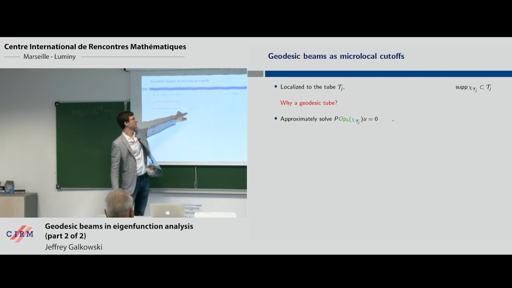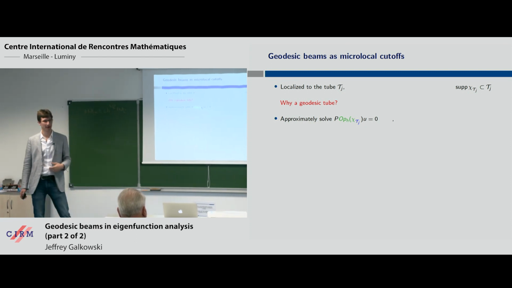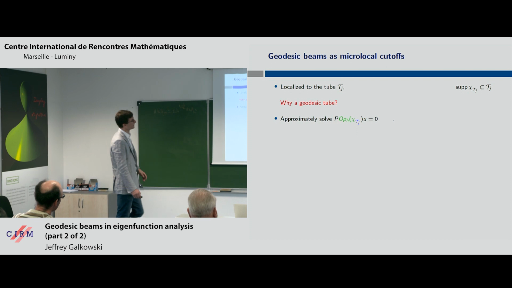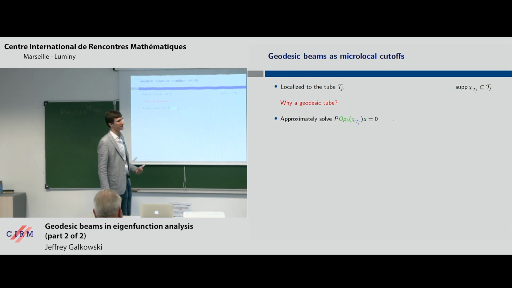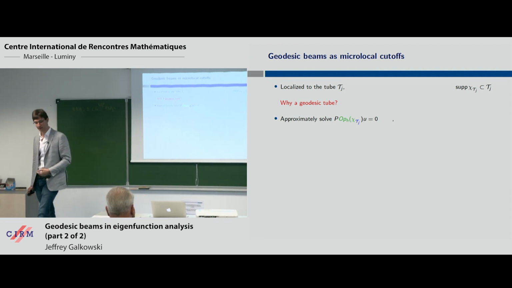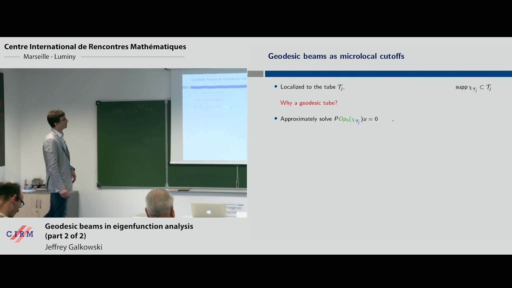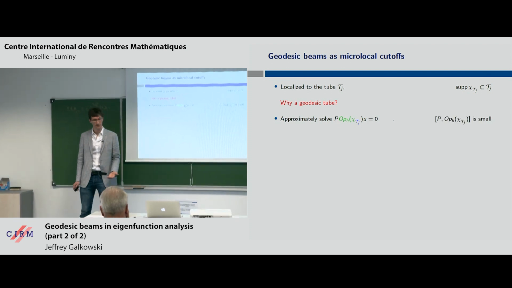We're only going to ask this to be true near the point we're interested in. If you try to do this globally, then you have a global problem and you need to worry about what's happening with the geodesics. But if you only worry about solving this equation near a point you're interested in or near a submanifold you're interested in, then you don't care about the global structure of the manifold. Okay, so what does this mean? This means that, of course, the commutator should be small.